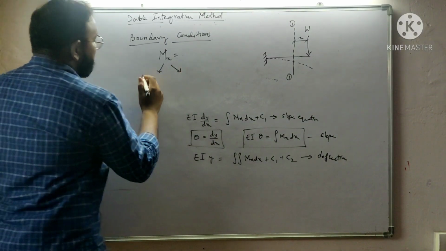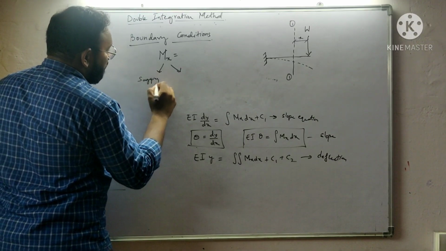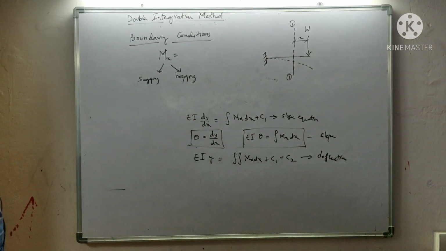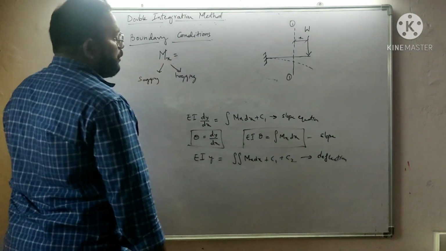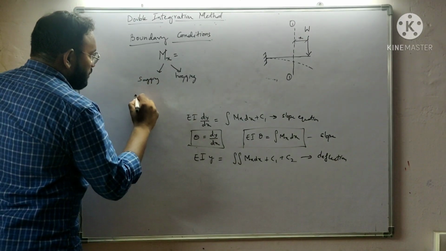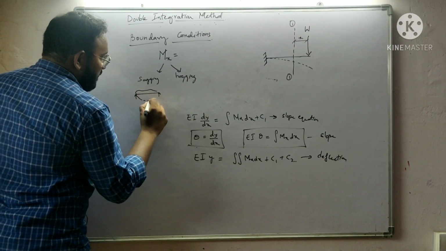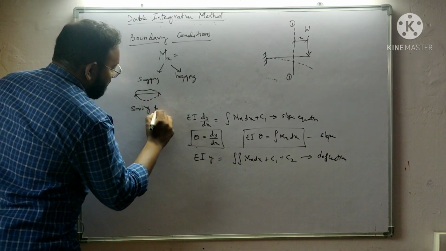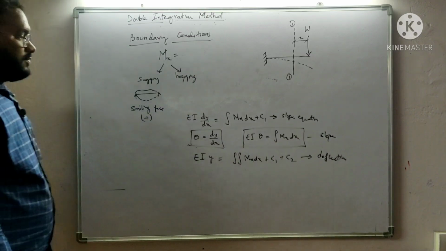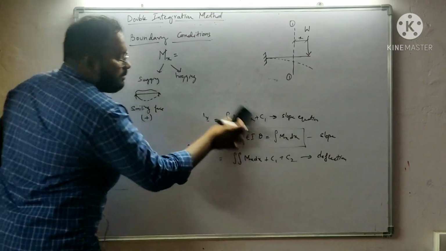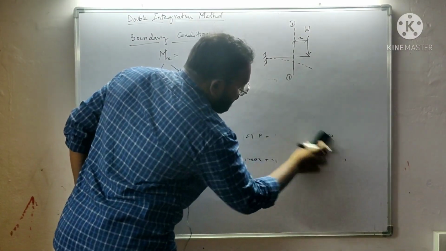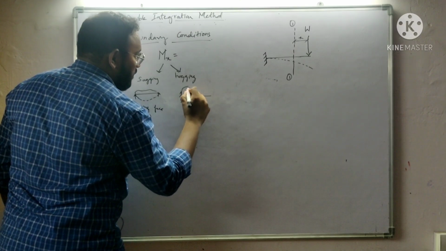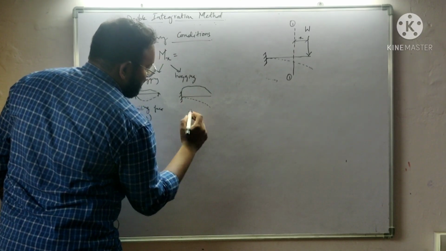For Mx, the two sign conventions followed here are sagging and hogging. Suppose you have a simply supported beam subject to load, this is the deflected profile of the beam. This type of deflection is known as a smiling face. It is to be taken as positive. Remember the sign convention; for your easiness, I am giving you that smiling face. It is positive. And hogging, if you consider a cantilever beam, the deflection will be like this.